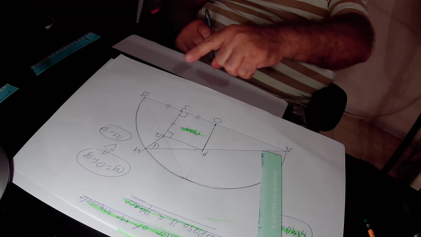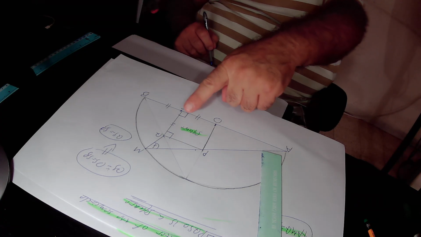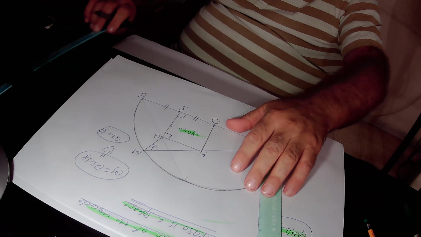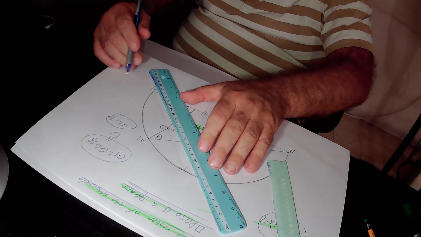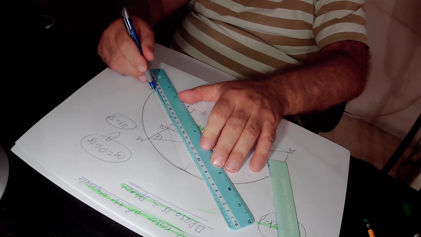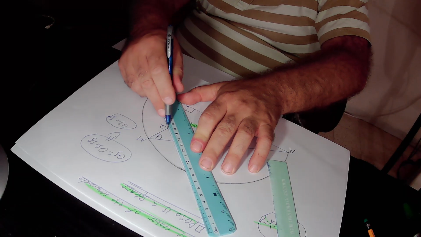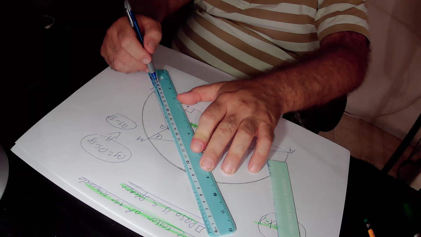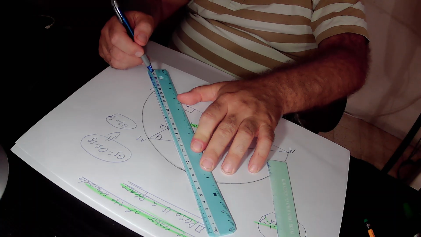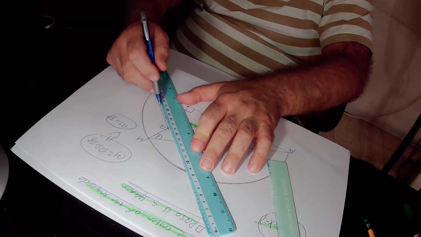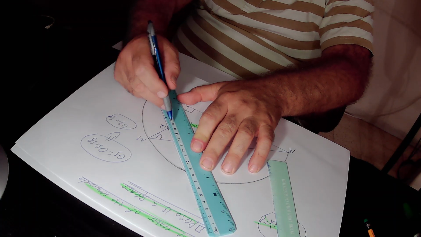In the next step, we join points B and Q together by a straight line. And we will extend the straight line BQ until it touches the circle.